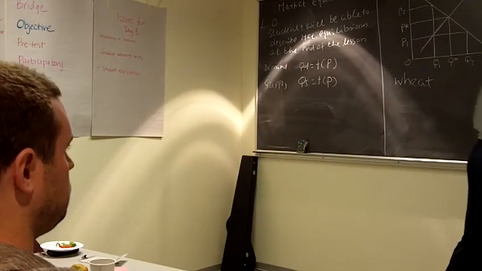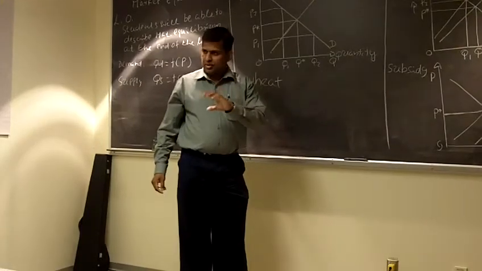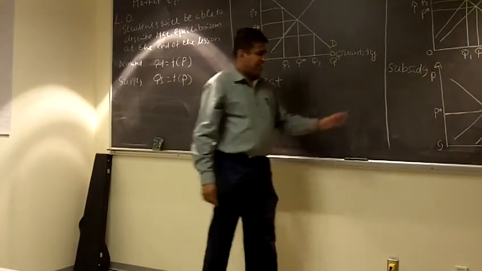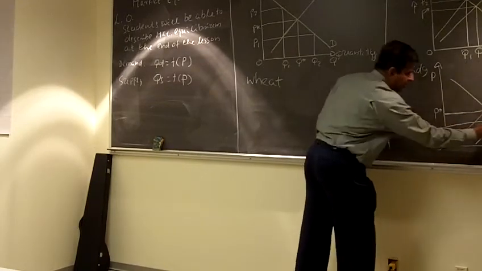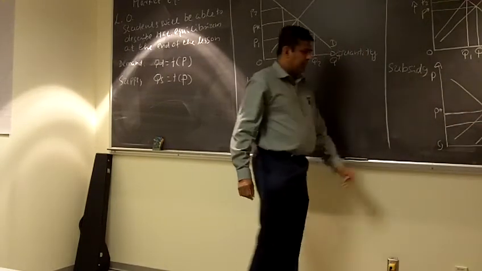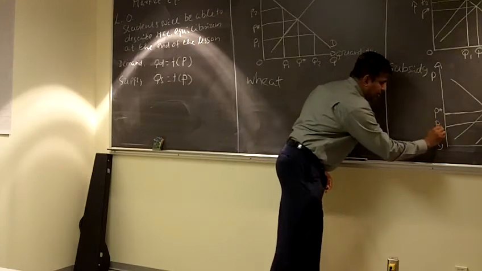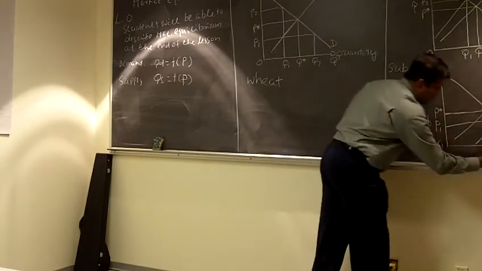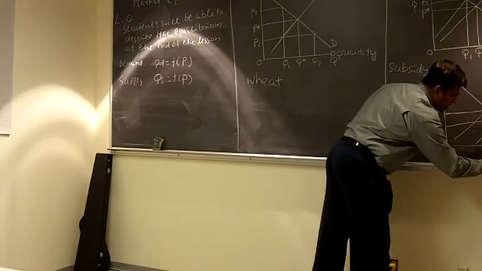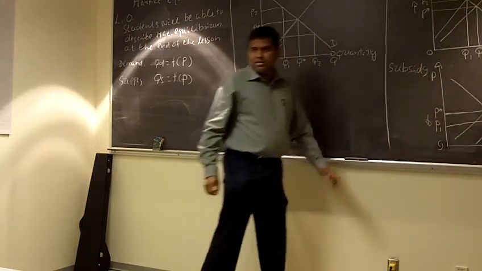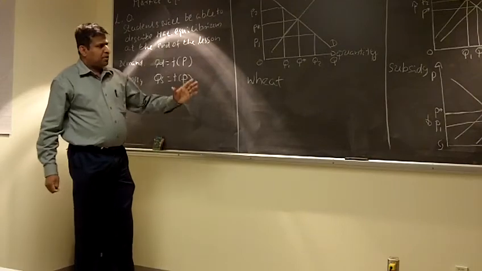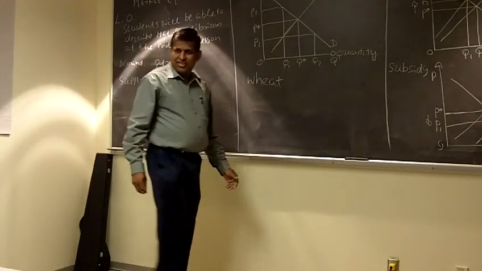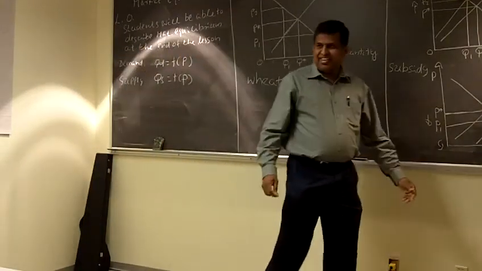It leads to a rightward shift of the supply curve. This is called an increase in supply. When supply increases, if demand remains constant, the price goes down like this, and quantity increases to Q1. So this is the impact on supply.